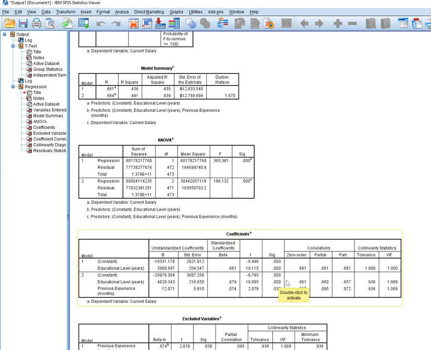And now I have 0.00 and 0.038. So I can tell here that the closer the p-value is towards the alpha value, the weaker the predictor.